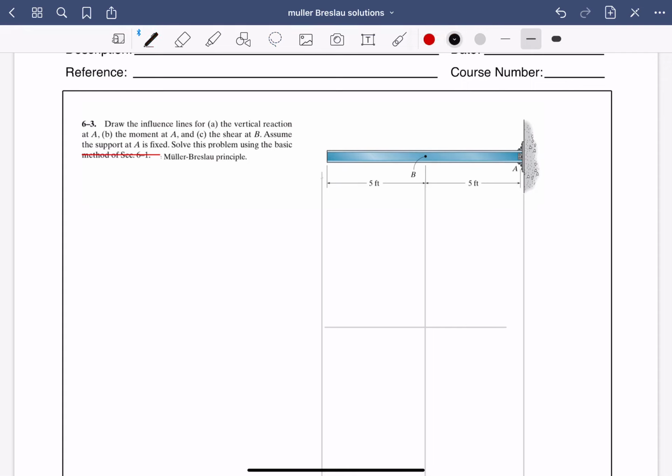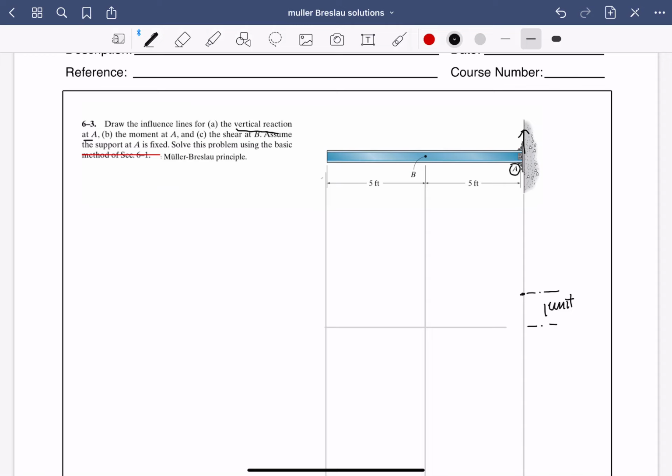Okay, so on this one, what we're looking at is vertical reaction at A. Reaction at A, here, we're taking this and we're pushing it up a unit load. So it's a reaction, 1 unit load.